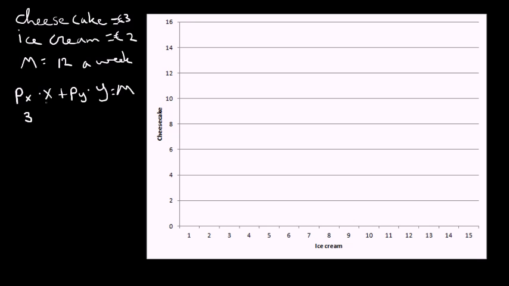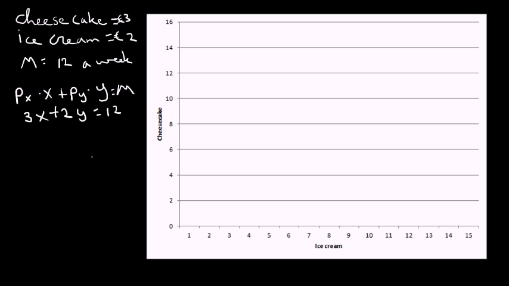We don't know how much of X, so we'll just use X. Then plus the price of Y, which is 2, times the amount of Y, which we also don't know, and then equals 12, which is our income. So this is the formula of the budget constraint in this particular situation.